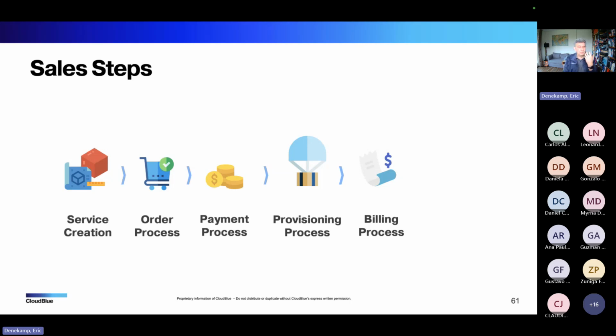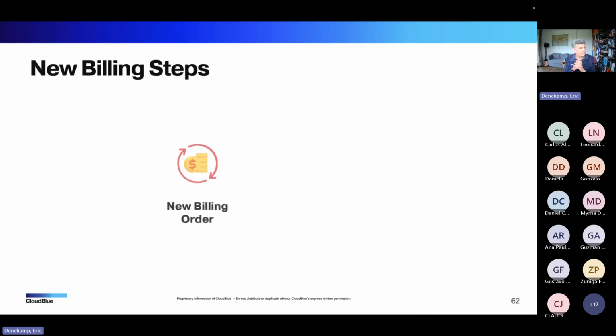That means that the billing process is finished for the individual sale, but over time, new billing orders will occur. So what is that new billing order? Well, it is actually fairly simple. We have a billing order, which simply means that the customer now is in his subsequent months or years of his subscription.